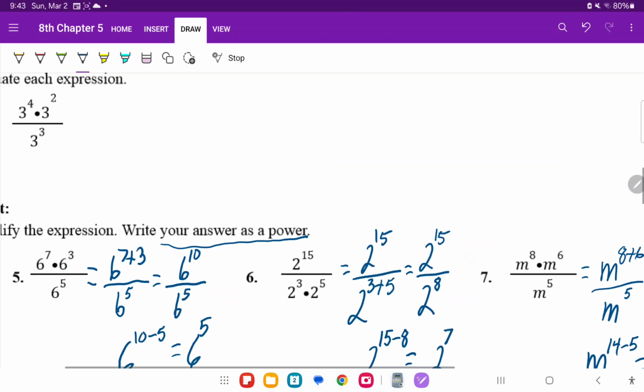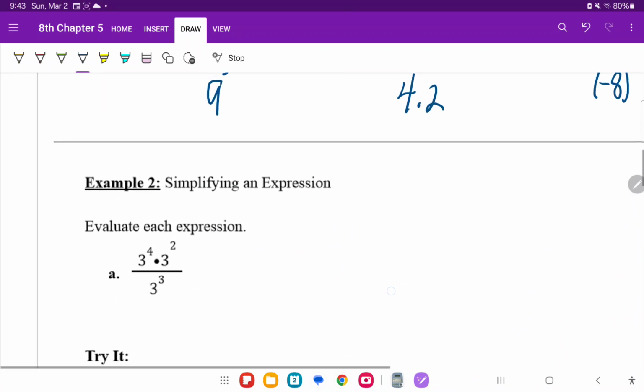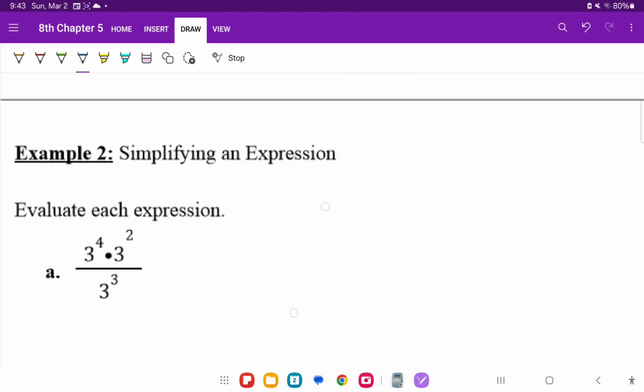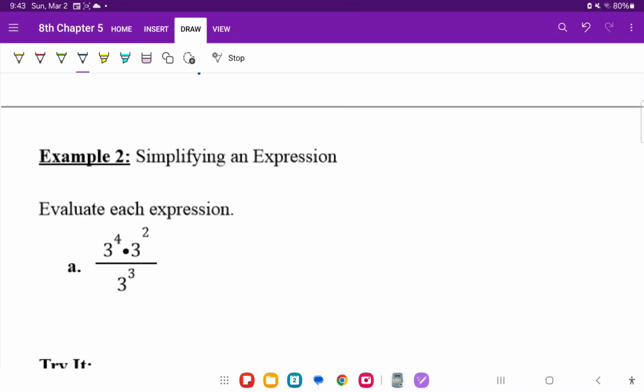Okay, I forgot to do this example. So we're going to go back and do the example real quick. So on these, there's like 2 parts. You have to do the numerator and then the denominator right there. Okay, now since it says times, that means we add the exponents in this case. So 3 to the 4th times 3 squared, and then on the bottom, it just says 3 to the 3rd.